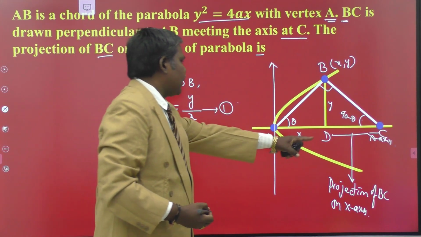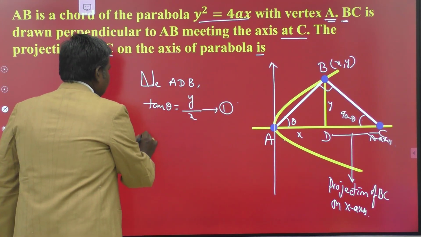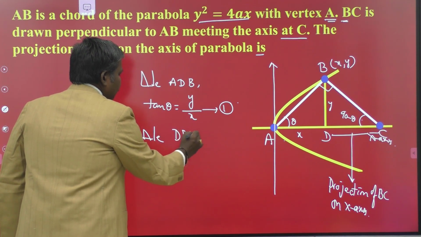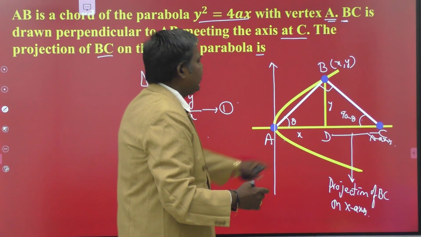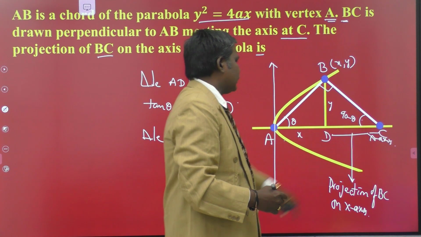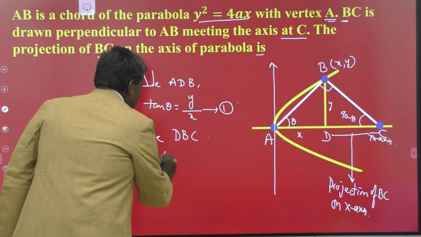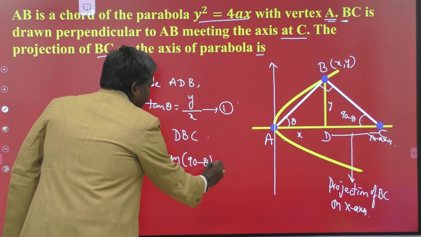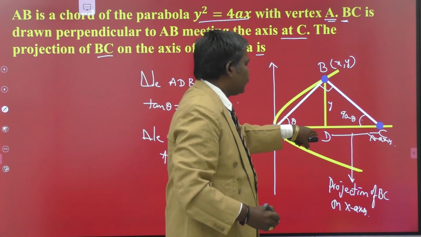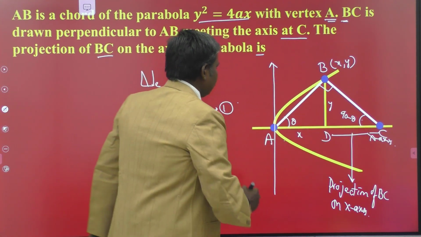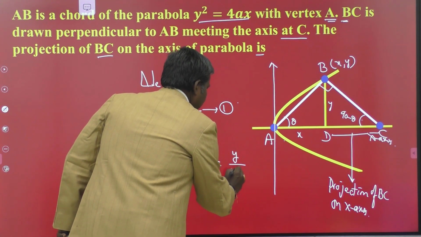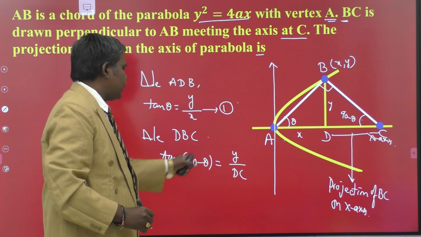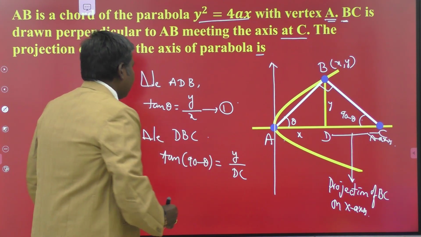Now coming to the right angle triangle DBC, the angle here is 90 minus theta. Tan of 90 minus theta is equal to its opposite side y by the required length DC, that is y by DC. What is tan 90 minus theta? Cot theta.